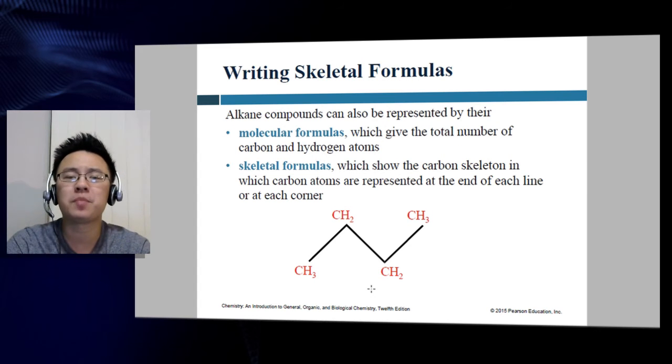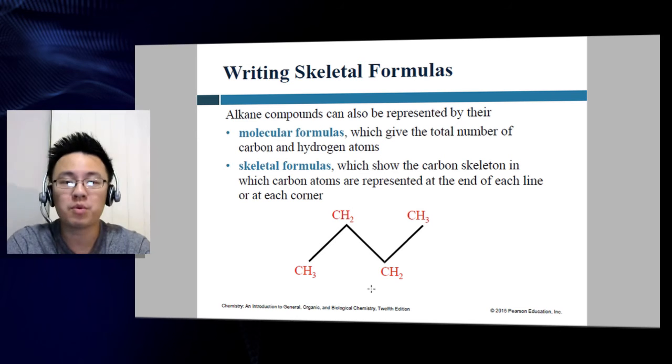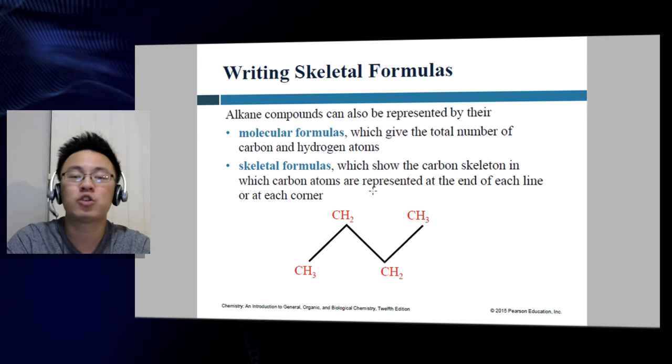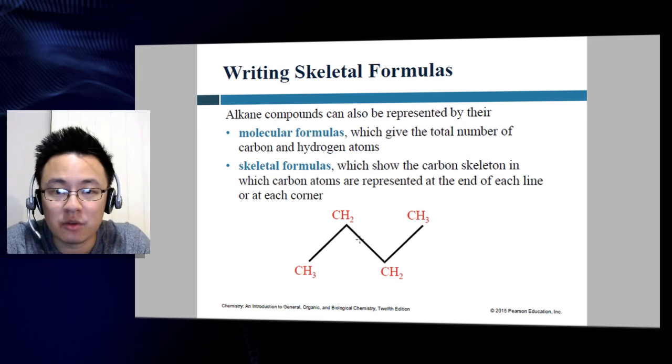Now, alkane compounds can be represented by their molecular formulas, which give the total number of carbon and hydrogen atoms. What's even more convenient is this skeletal form, which shows a carbon skeleton in which carbon atoms are represented at the end of each line or each corner or vertex. As you can see here, we have a skeletal formula.